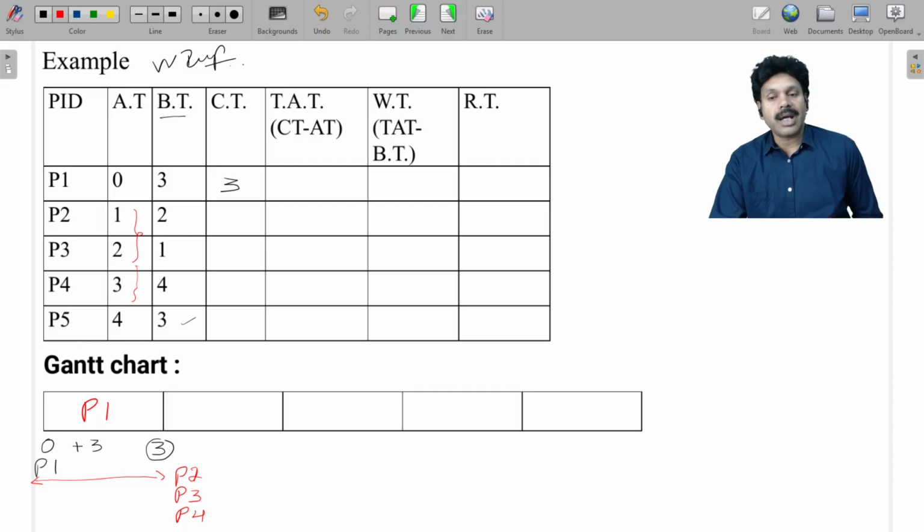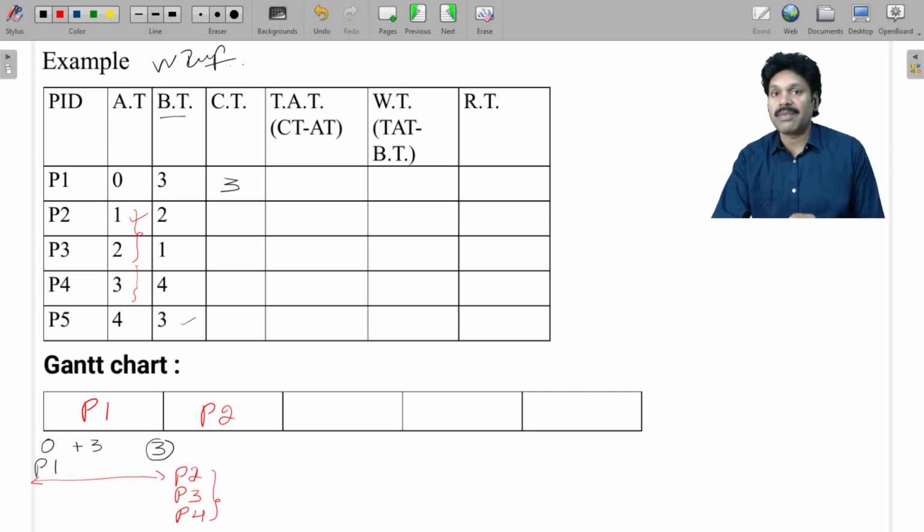Now there are 3 other processes right now, P2, P3, P4. There is no problem whatsoever because of their arrival times. The arrival time of P2 is lesser than P3 and P4 because it has come at 1. It has come very early, first come, first serve fashion. Then immediately the ready queue dispatches P2 to the CPU.